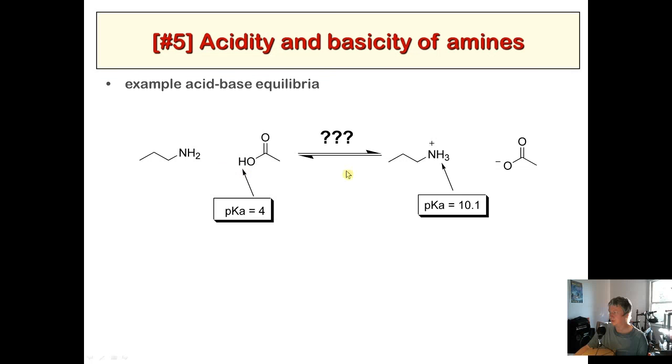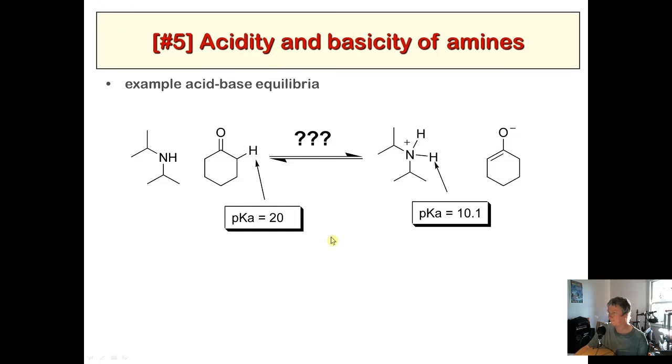Okay, so here's the equilibrium. Amine, slight base. Oh, carboxylic acid. Well, you could predict that this is going to go to the right, because you're going towards the larger pKa value. So this amine would readily deprotonate the carboxylic acid. Okay, what about a diisopropylamine reacting with a ketone? pKa 20 versus pKa 10.1.